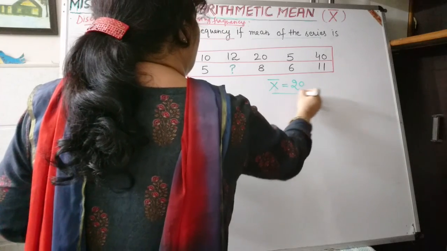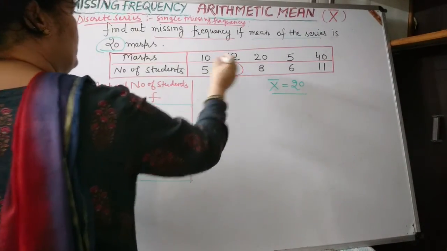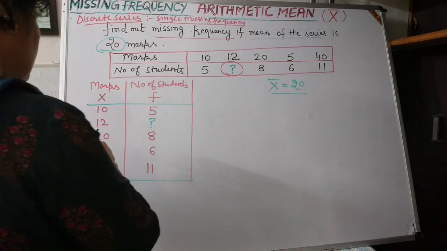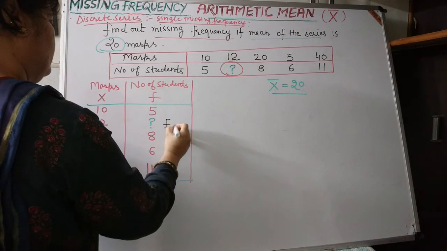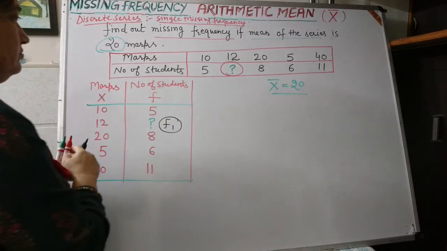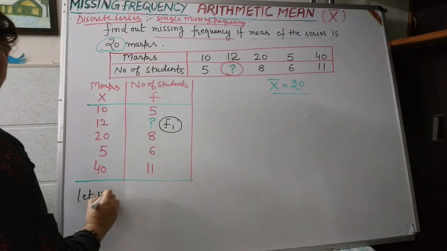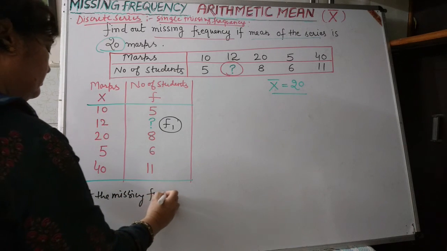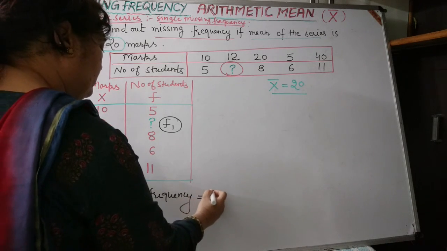This is the given value, and we have to calculate this missing frequency. Let us put this missing frequency as F1.